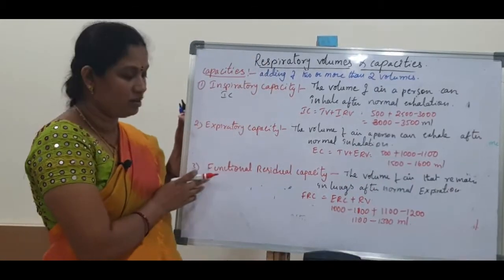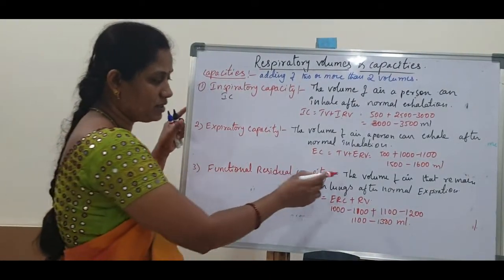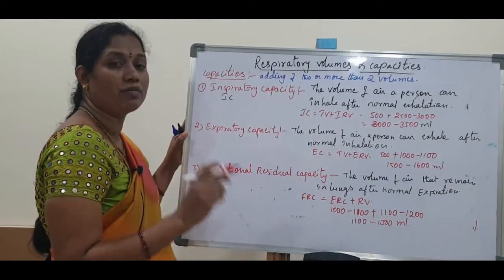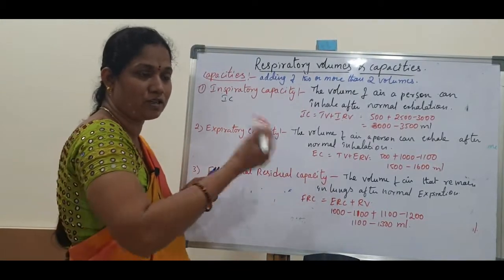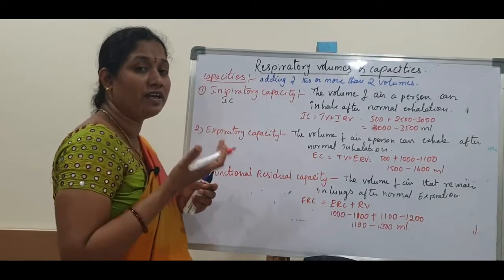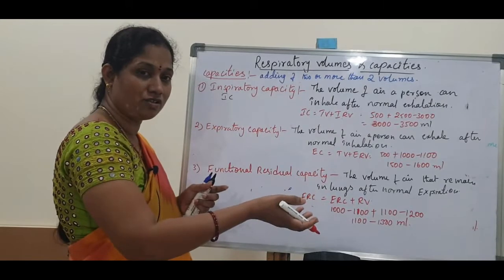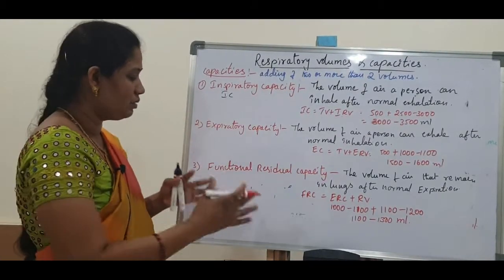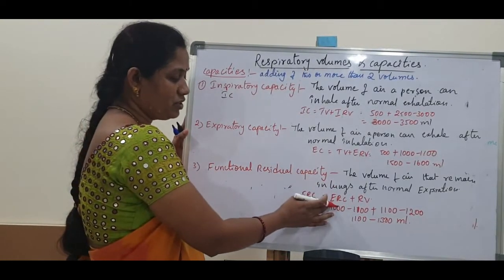Next, functional residual capacity, FRC. Functional residual capacity means the volume of air that remains in the lungs after normal expiration. After the tidal volume is released to the outside, the amount of air present in our lungs is called functional residual capacity. Which volumes?